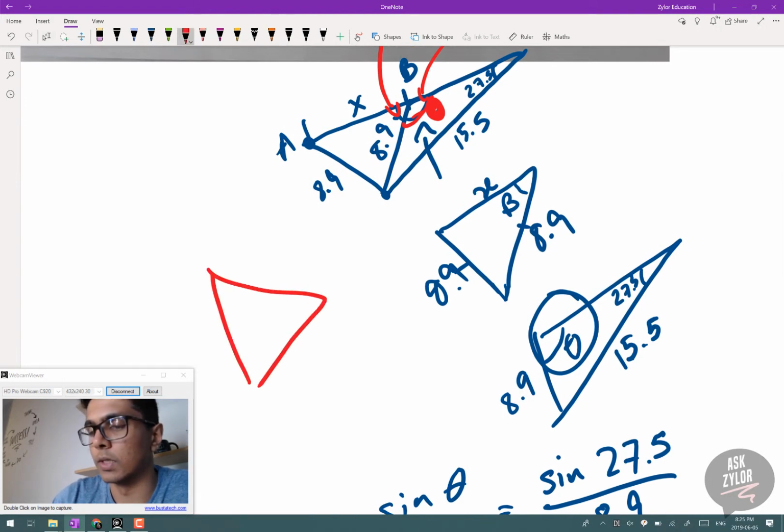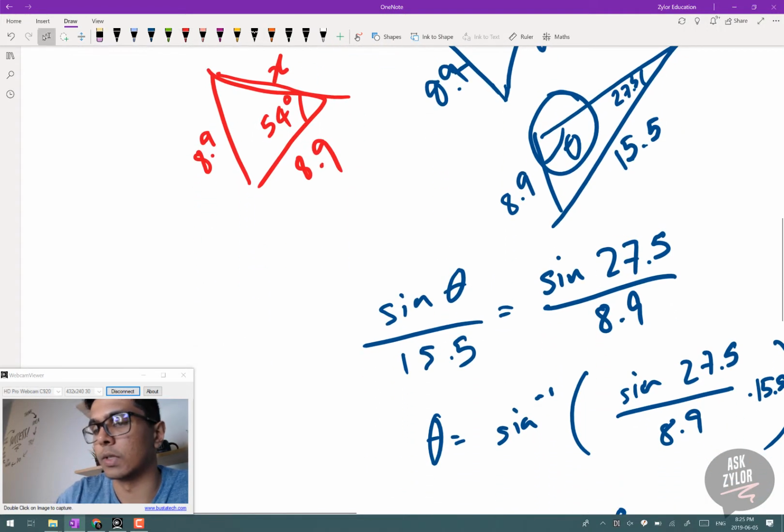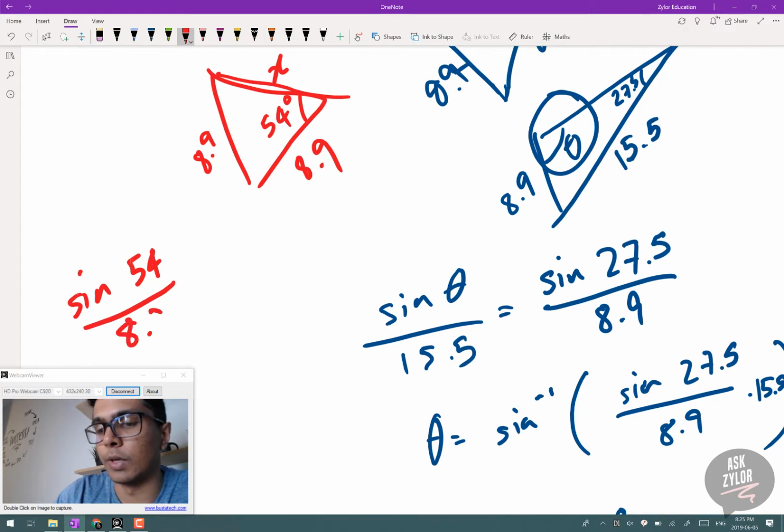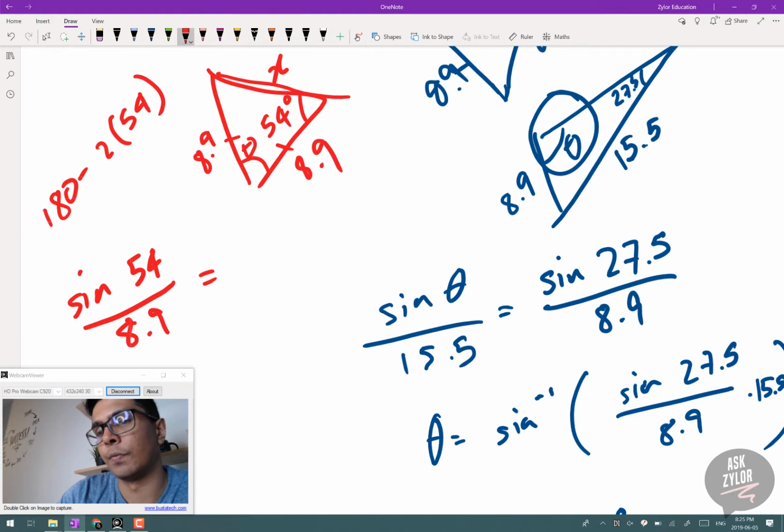So we know this is 8.9, we know this is 8.9, right? If this is 54, we can find what this length is. So this is x. So I can again use the sine law. I can say sine of 54 over 8.9 is equal to, we know these sides are the same, right? So we can find this angle easily. We can find what that is by just doing 180 minus 2 times 54, right?